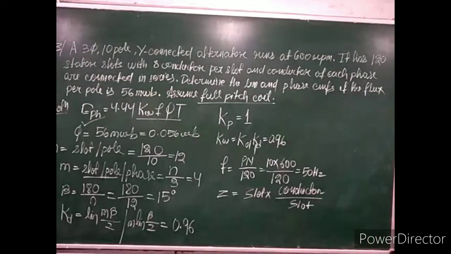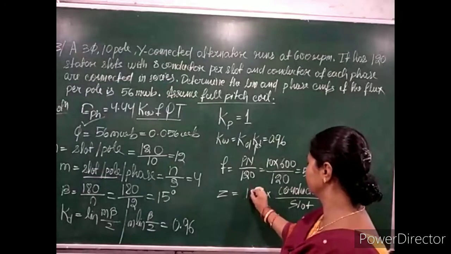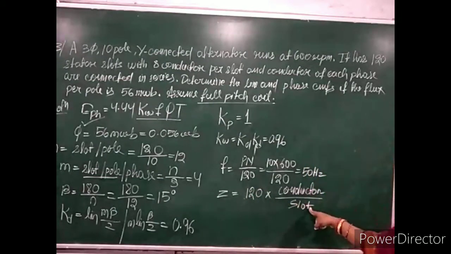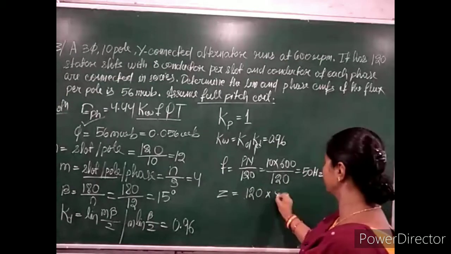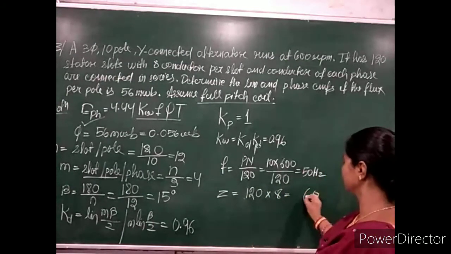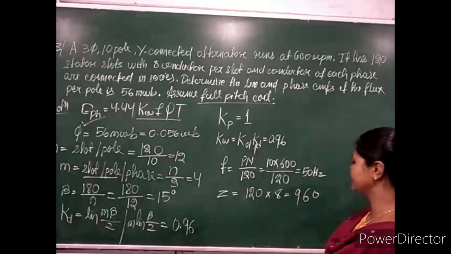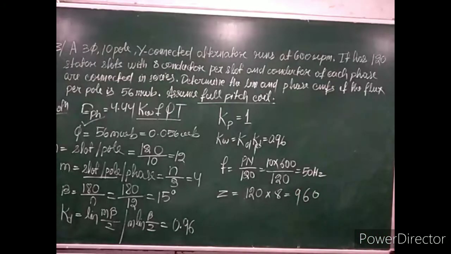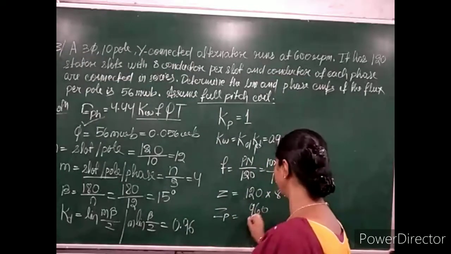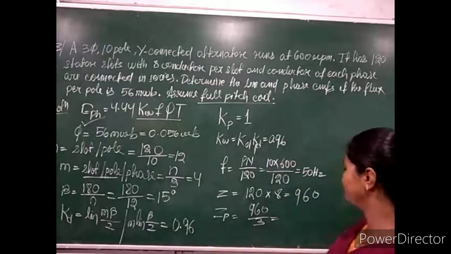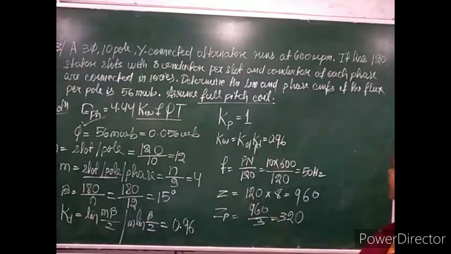Here number of slots is given 120 and conductors per slot is 8. It gives 960. So number of conductors per phase is 960 by 3, as it is a 3-phase system, which gives 320.